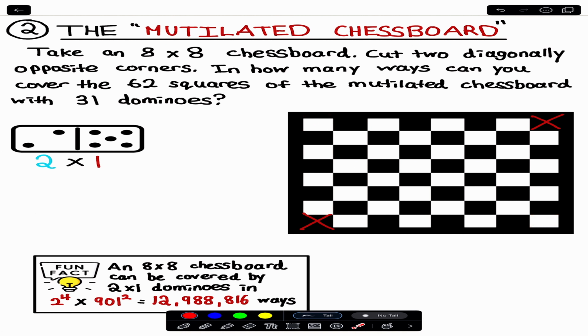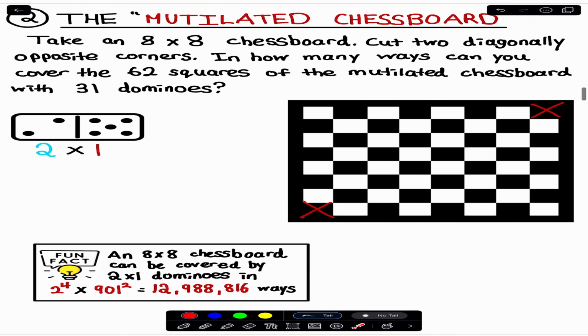The question asks, in how many ways can we cover the 62 squares? So there's 62 squares now, remember, 2 are chopped off, of the mutilated chessboard with 31 dominoes. And dominoes measure 2 by 1. So just ignore these numbers over here. Those don't really matter.